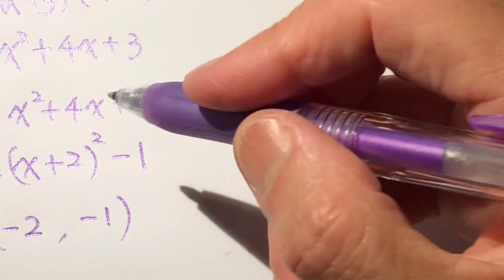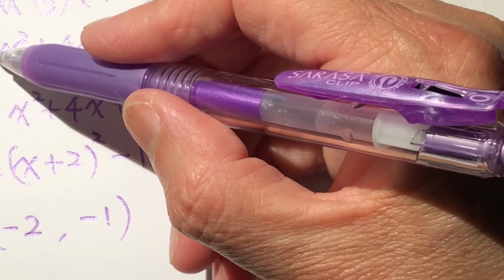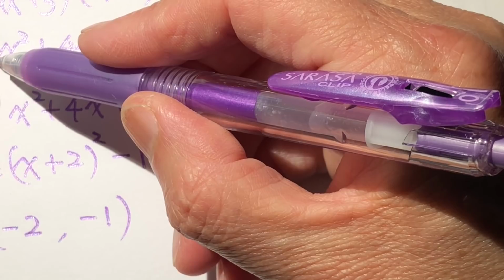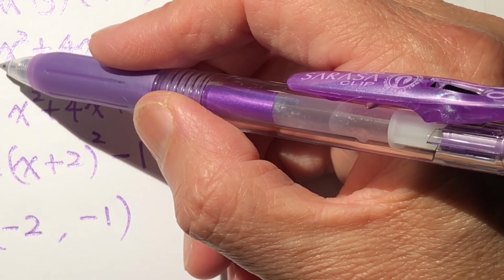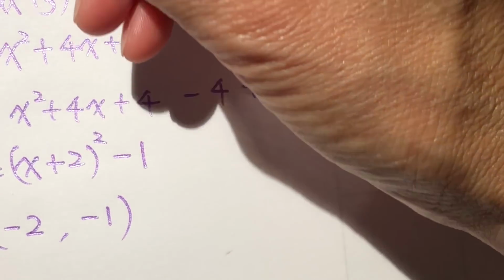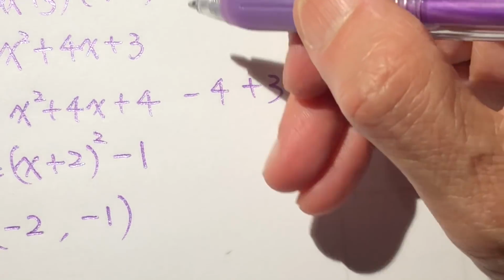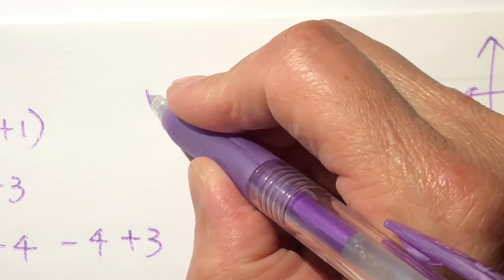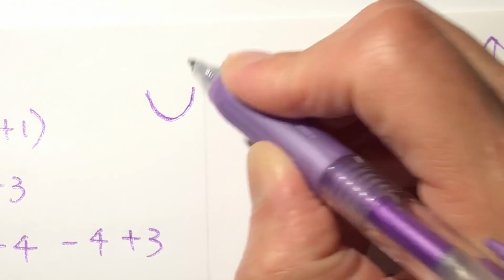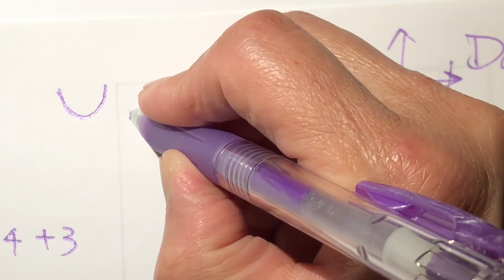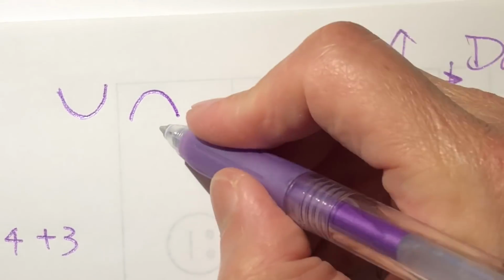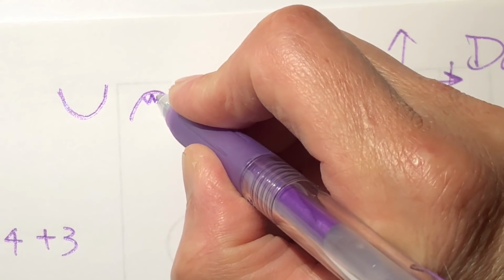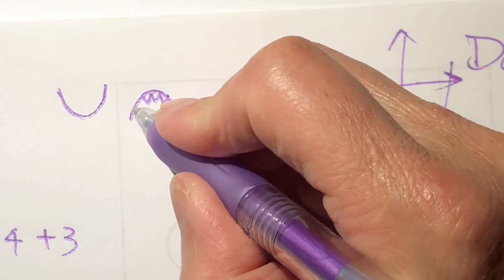And since the coefficient before x squared is a positive number, it's a smiling face. When we are positive, we are happy, right? When we are positive, we have a smiling face. When we are negative, we have the frown.